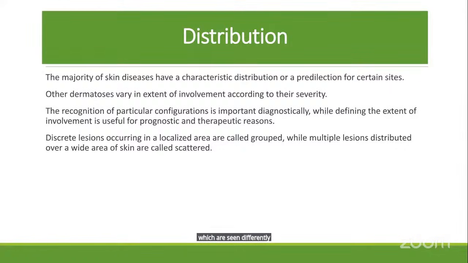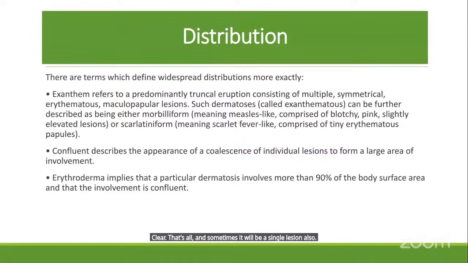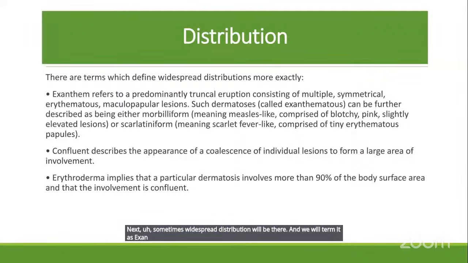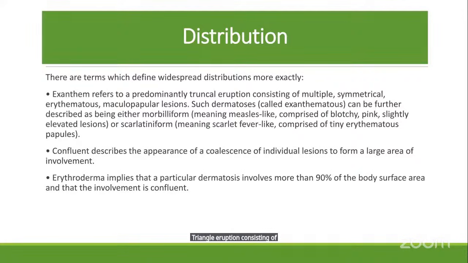It is called scattered. Clear. That's all. And sometimes it will be a single lesion also. Single or discrete lesion will be there. Next, sometimes widespread distribution will be there, and we will term it as exanthem. What is exanthem? Truncal eruption consisting of multiple symmetrical erythematous maculopapular lesions.